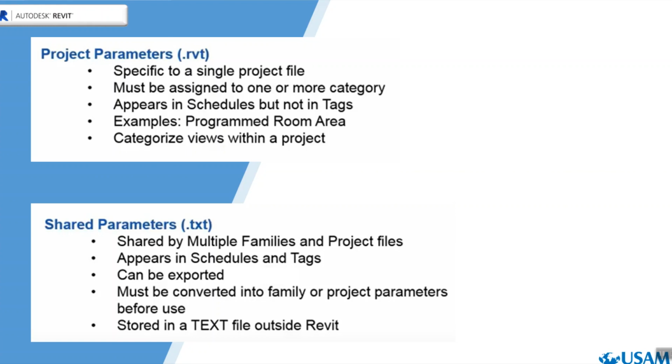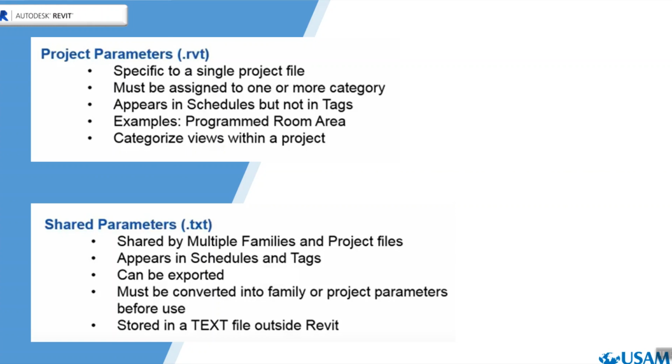But it can't appear in a tag, so you can't add a property of that project parameter in a tag. I'll show you how it works. It can also be used for categorization within the view, so if I want to add that category to a schedule to filter it out, I can add it there also.